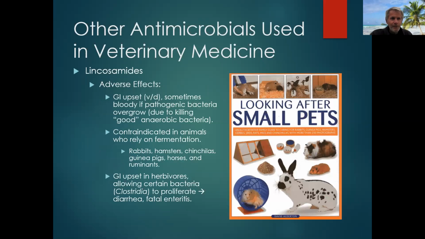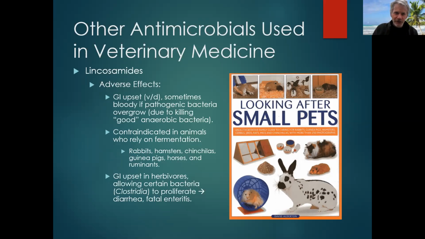In my experience, it can certainly cause some gastrointestinal upset, like vomiting and diarrhea in dogs and cats. I've never seen it cause bloody diarrhea, but again, it can kill off anaerobic bacteria, and you have a lot of good anaerobic bacteria living inside of you.